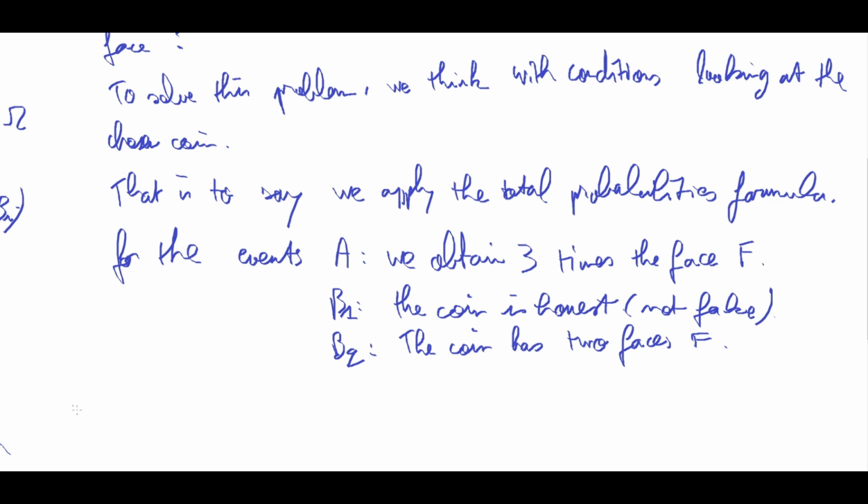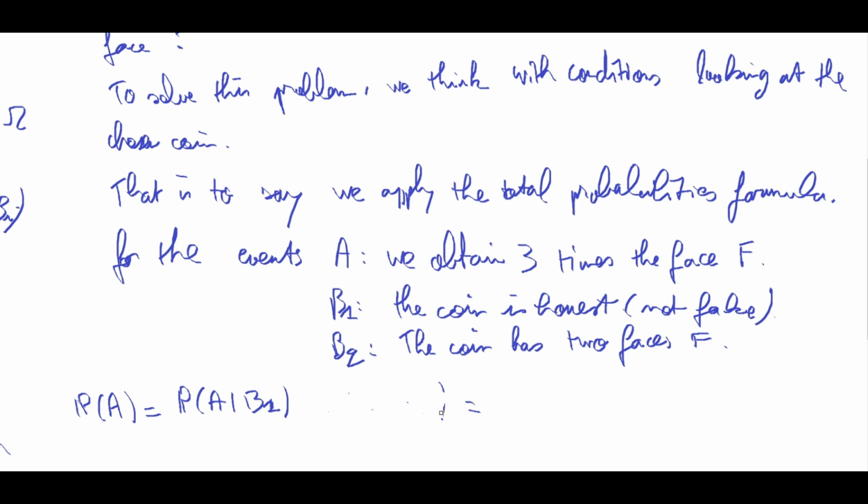We then have P of A. Probability of obtaining 3 times the face F is the probability of obtaining 3 times the face F knowing that the coin is honest, plus the probability of obtaining 3 times the face F knowing that the coin is fake, that the coin has 2 faces F. And we must multiply.